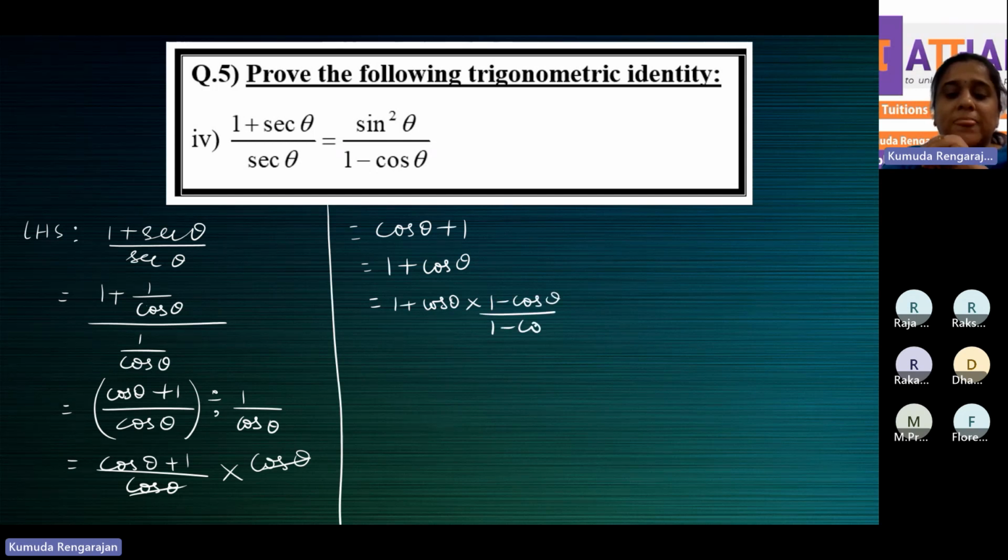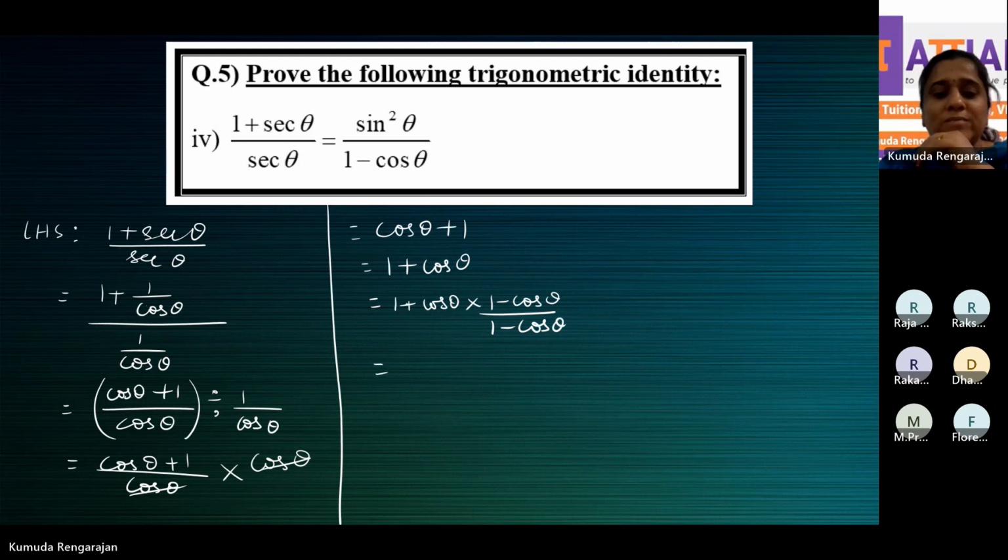In the right hand side, the denominator is 1 minus cos theta, so we're trying to take some clue from that. We are working the LHS and we have to arrive at the RHS. What is the RHS? Sine square theta by 1 minus cos theta. So it has 1 minus cos theta in the denominator, so we'll multiply and divide by 1 minus cos theta.